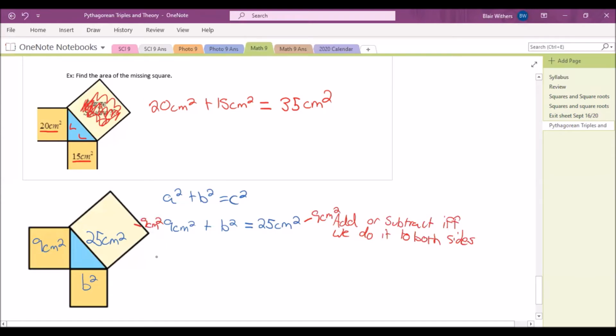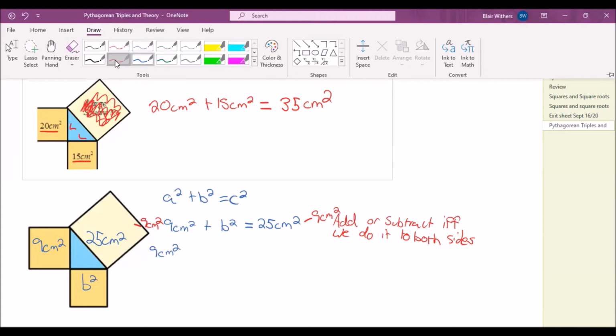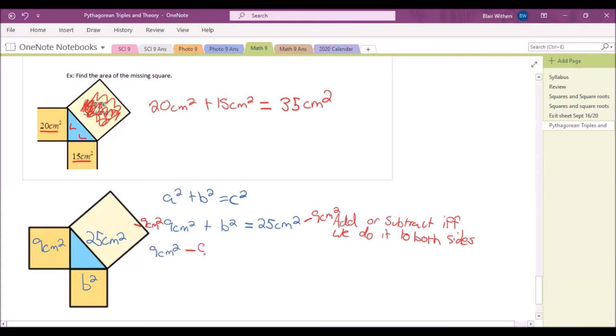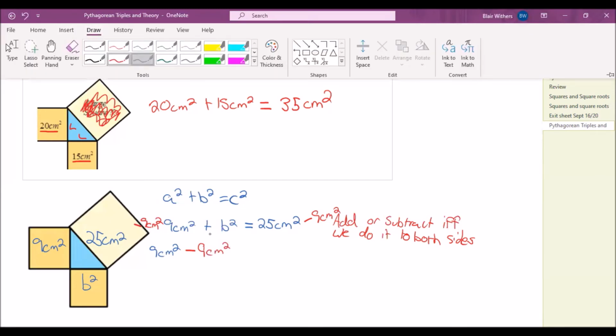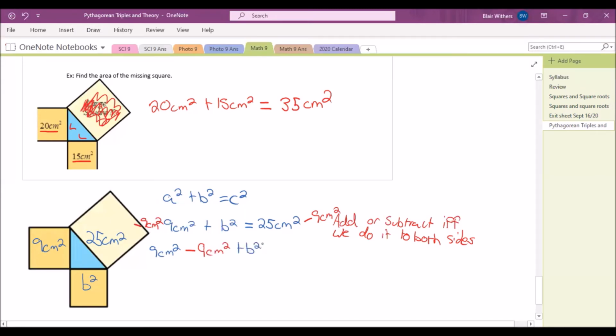All right, so I'm going to rewrite this. I'm going to say 9 centimeters squared minus 9 centimeters squared plus b squared is equal to 25 centimeters squared minus 9 centimeters squared.